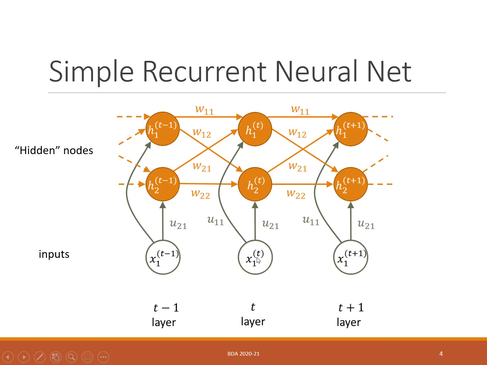The network takes into account the current state of the layer and the input data at time t. It then combines the current state and the input at t to obtain the output at time t. This output will be used in the next layer at time t plus 1.